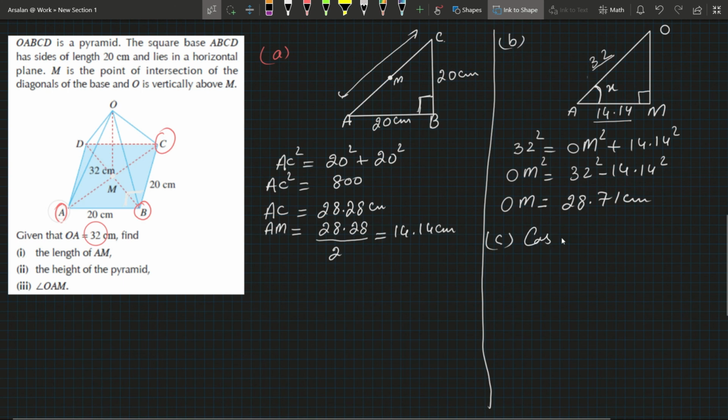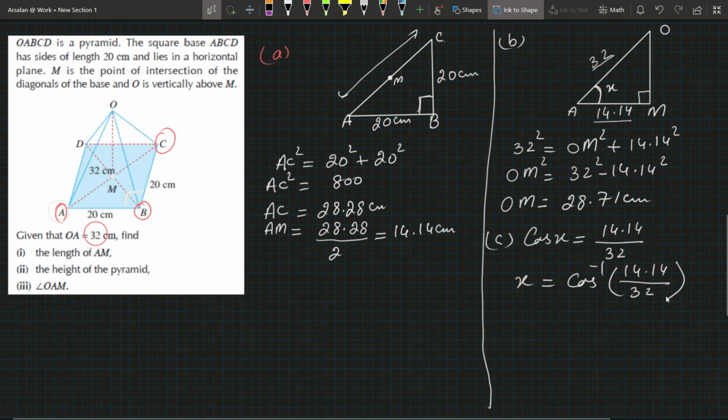So it is cos x equals 14.14 divided by 32, and then you'll take cos inverse. x is equal to cos inverse 14.14 over 32. Use your calculator to find the final answer.